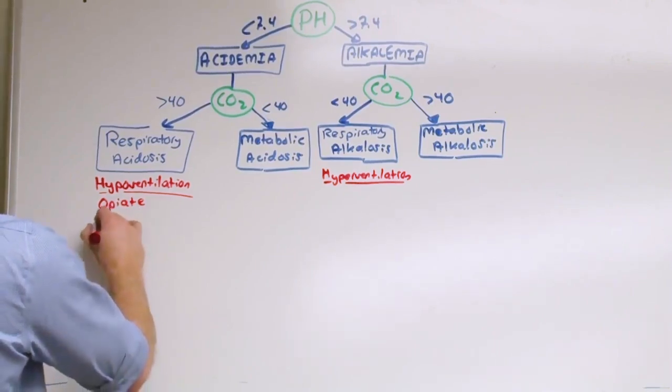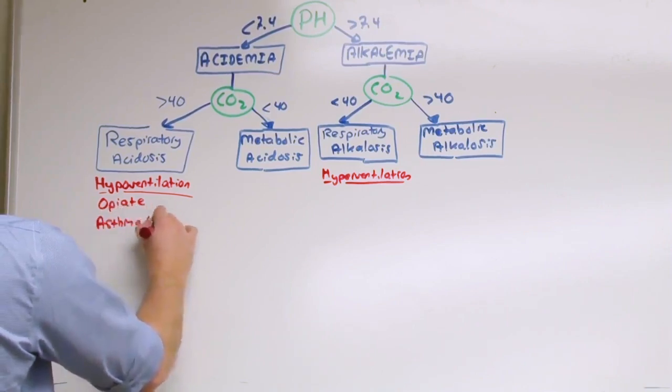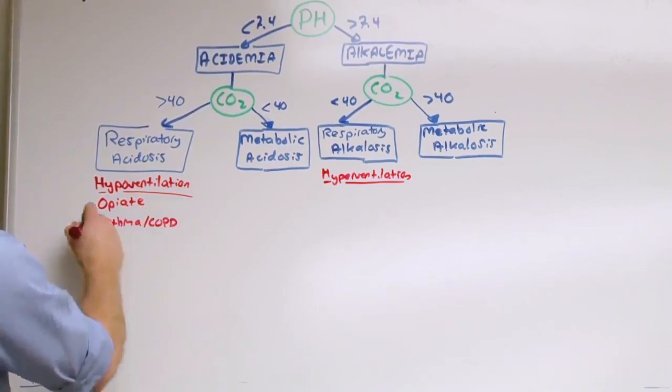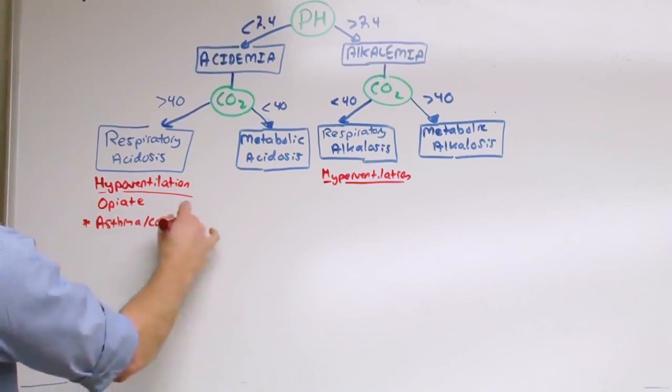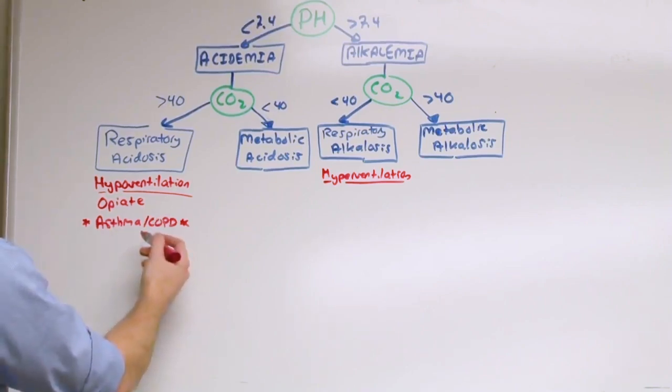Some diseases like obstructive lung disease, either asthma or COPD with air trapping, will prevent ventilation and the CO2 will rise. A rising CO2 in either of these diseases is an ominous sign that they have a severe exacerbation.